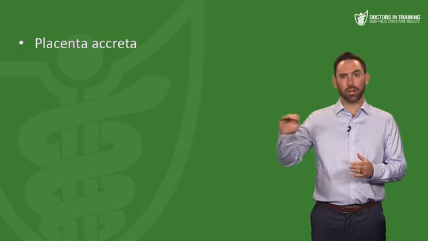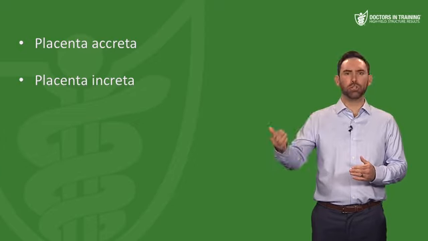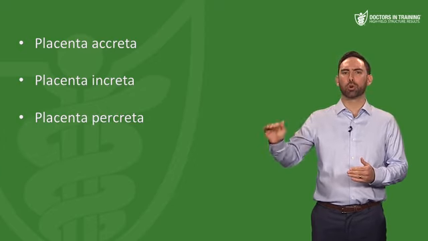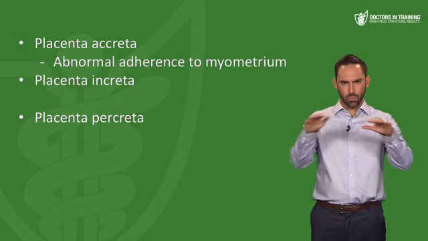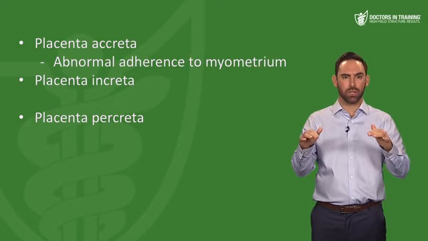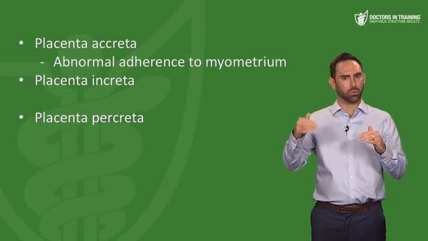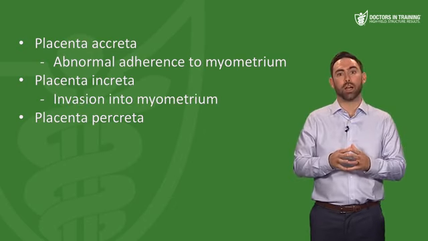Both placenta previa and a history of a C-section are risk factors for 3 other types of abnormal placentation: placenta accreta, placenta increta, and placenta percreta. Placenta accreta is when the placenta is abnormally adhered to the myometrium. Placenta increta is when the placenta invades into the myometrium.